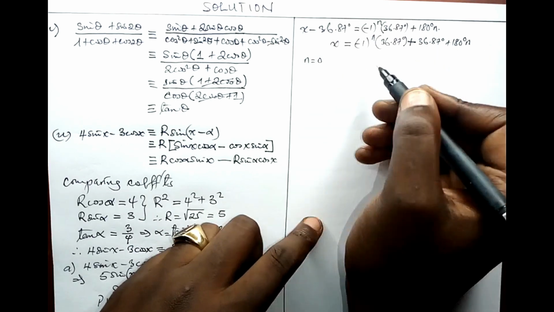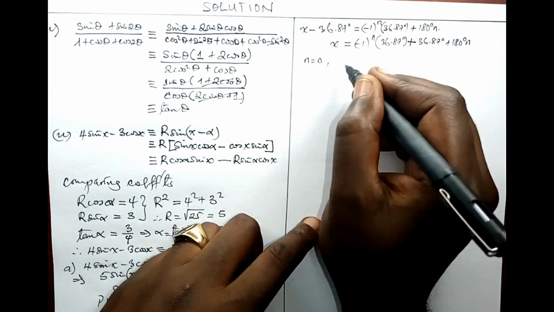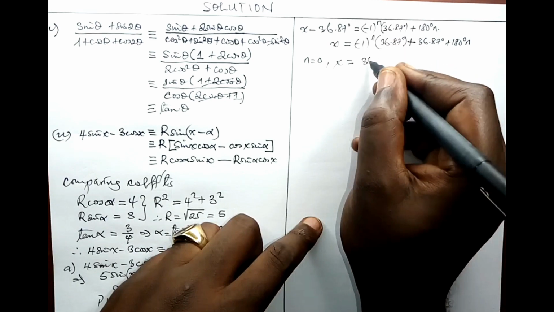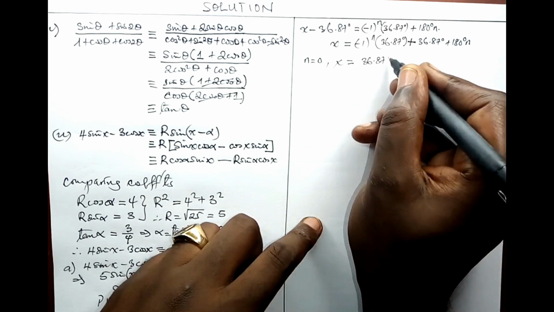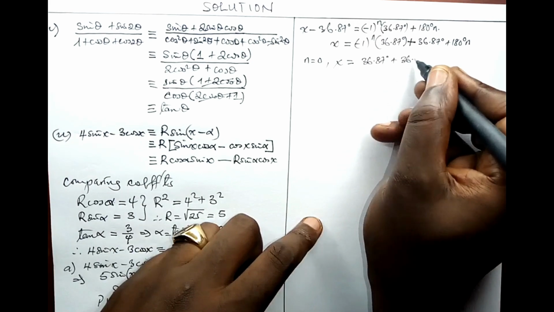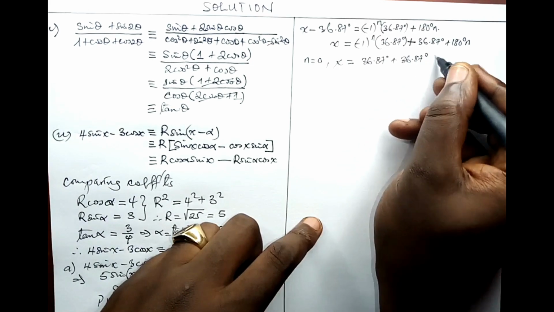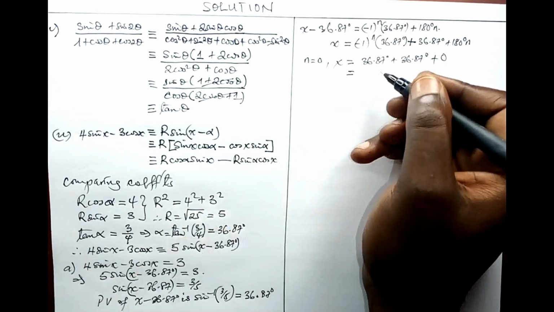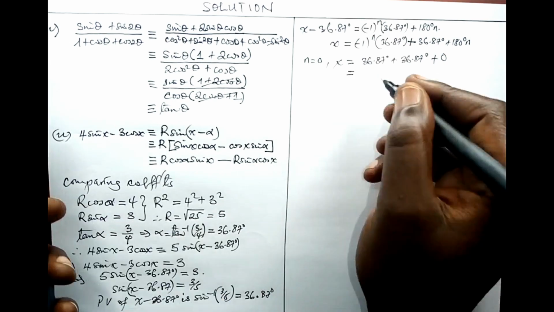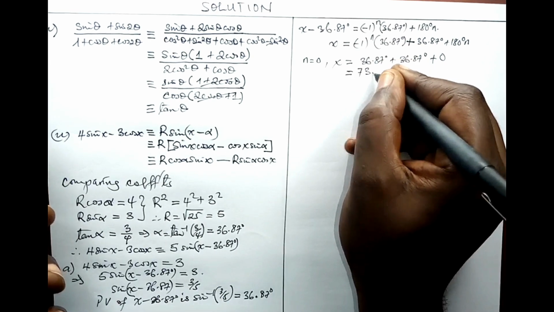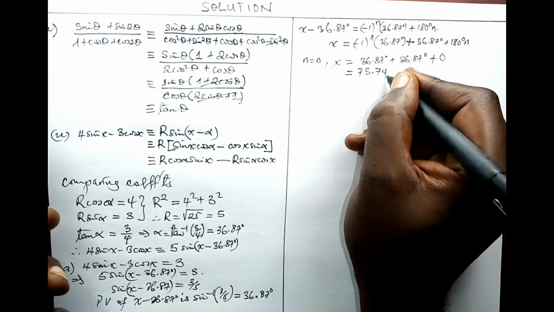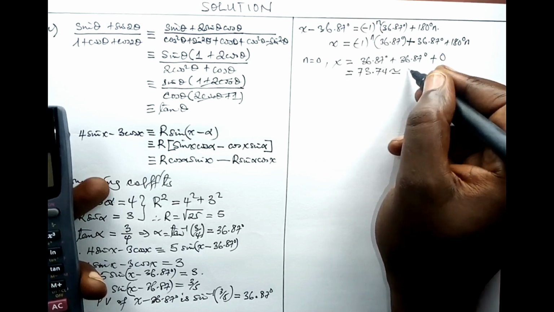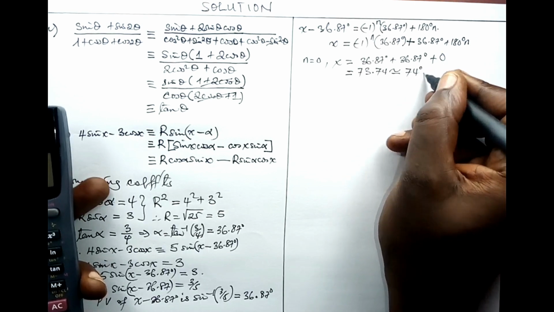So we could begin directly with n equals 0. x would be, -1 to the 0 would be 1, so 36.87 degrees plus 36.87 degrees plus n being 0 there will give 0. And so adding these two, we get 73.74, which they have said the answer should be to the nearest degree. That should give 74 degrees.